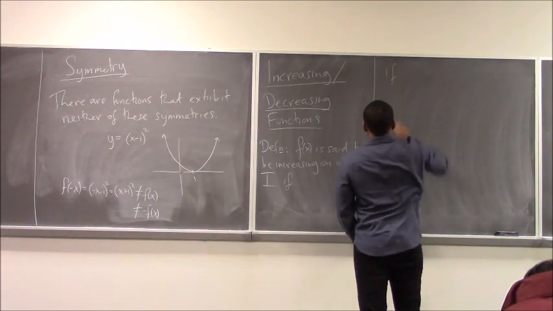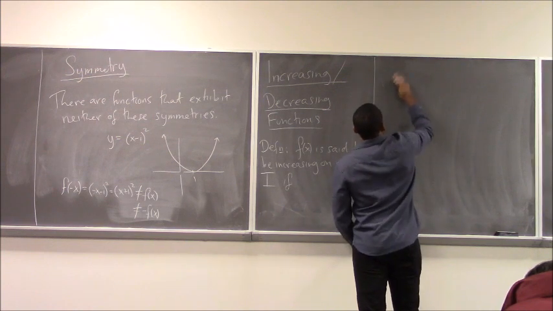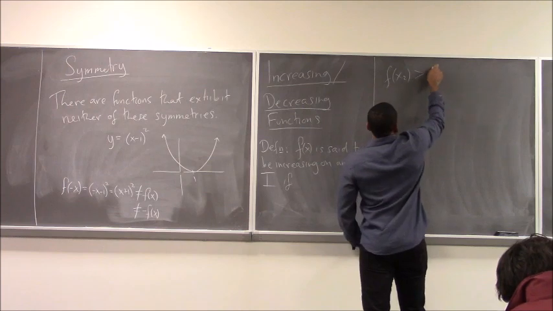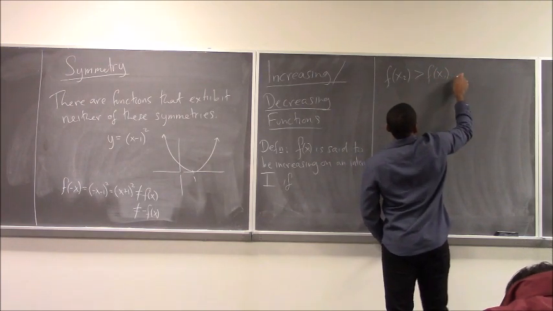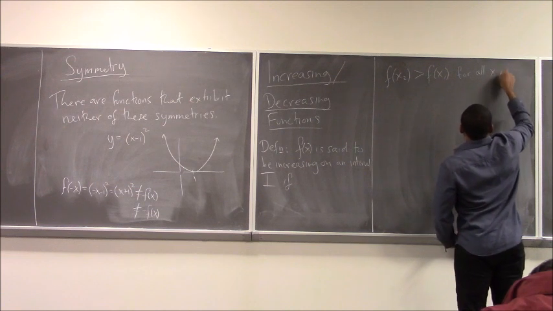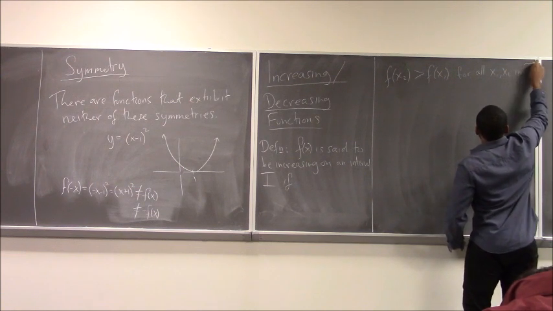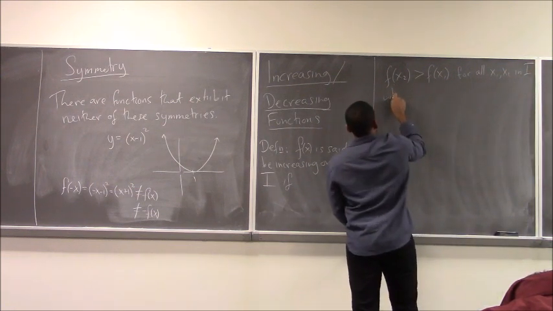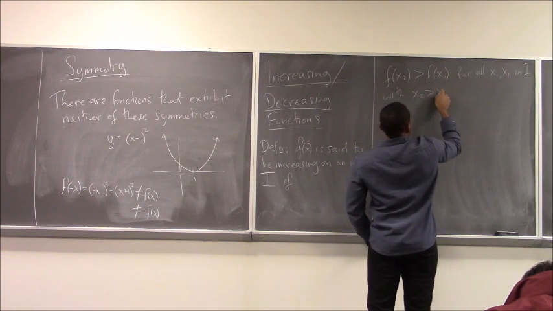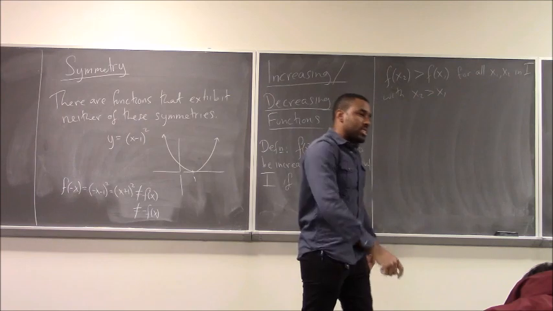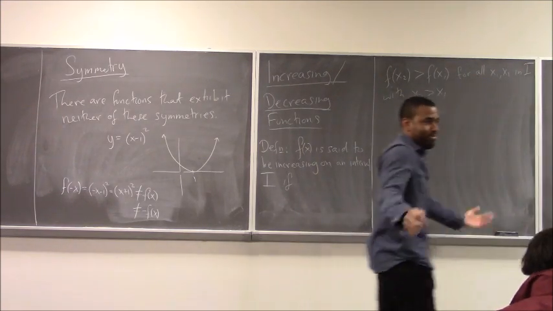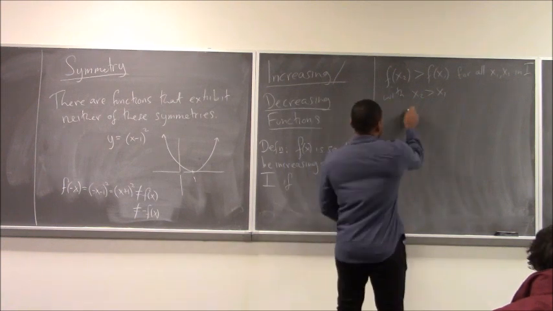Here's how a math person would describe it. If f of x2 is greater than f of x1 for all x1, x2 in I with x2 greater than x1. Basically, that's a fancy way of saying it moves up as you go from left to right. That's basically what you're saying.